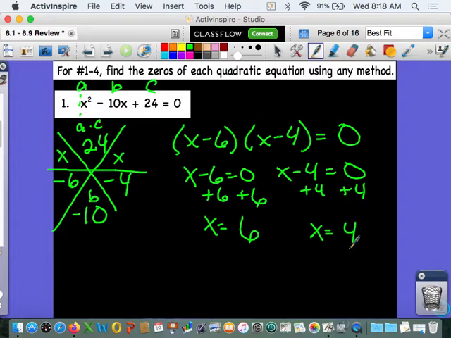What are my roots, my zeros, my solutions, my x-intercepts? 4 and 6. And remember, those go in curly brackets. Questions on number 1?